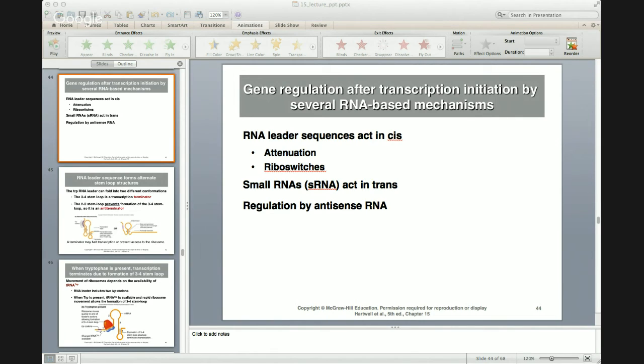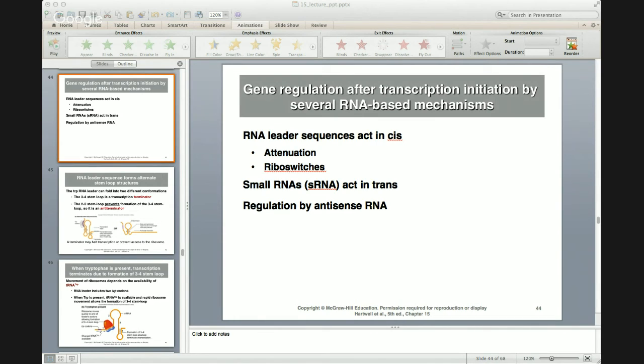Once these small regions bind to the ribosome binding site, they can prevent translation from occurring. So here in this figure, we have the small RNA, the sRNA, binding to the messenger RNA and blocking the ribosome binding site, and hence it will prevent translation from occurring. So this is an example of a negative mechanism of regulation by these small RNAs.